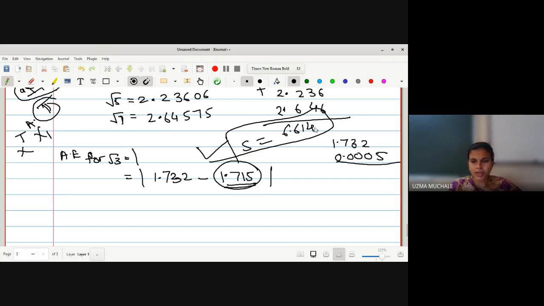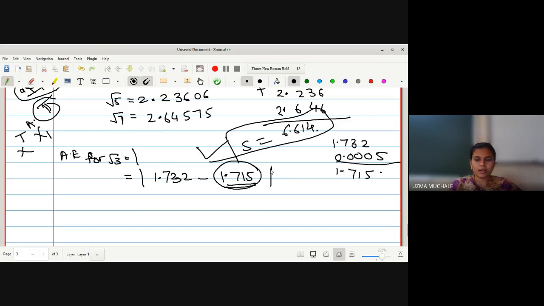But in this case, we are only provided with the value of √3. So to find the approximate value, we simply subtract 0.0005 from the value of √3. Whatever number we get is 1.715, and you have to keep it as an approximate number.